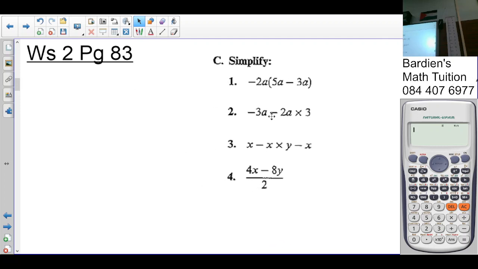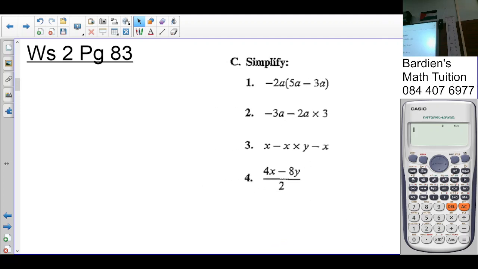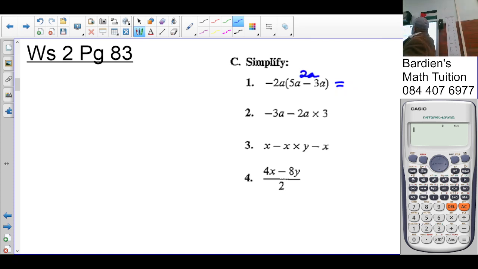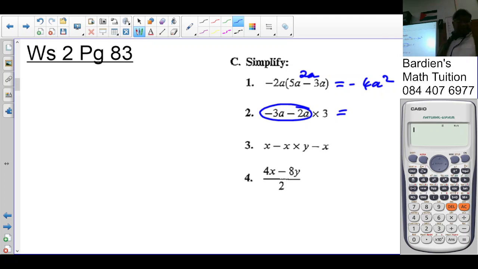Number 1. What's his answer? That's going to give you 2a, not so. 2a times negative 2a is negative 4a squared. You all agree with that? Next. Negative 15a? Wrong. Negative 9a. So what you guys are doing is you're saying negative 3a minus 2a is negative 5a.